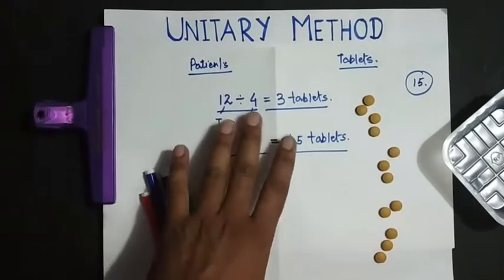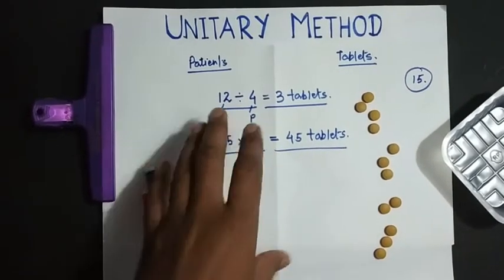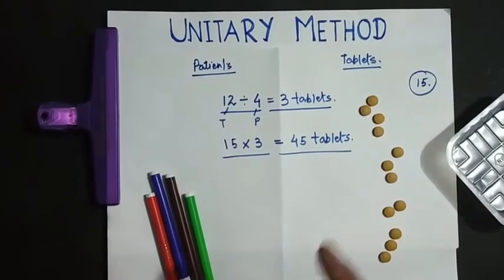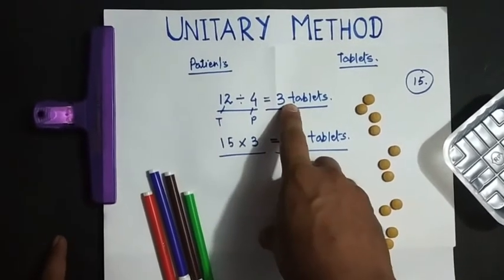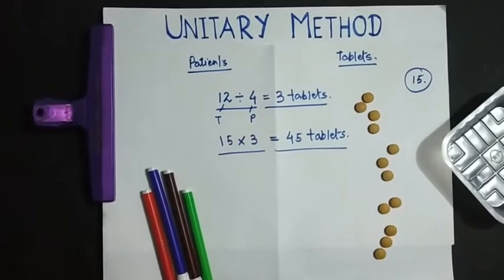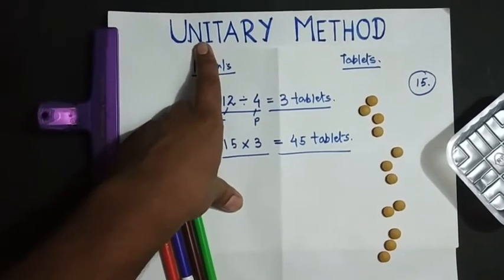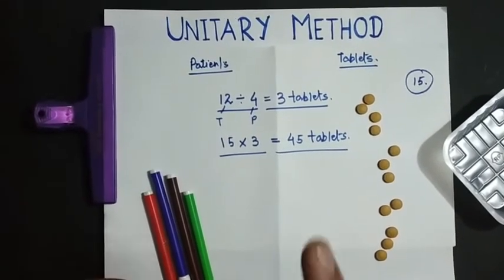In this method, first we calculate for the unit value. First we calculated for one patient, 3 tablets, and after that we calculated for 15 patients. That's why it is called the unitary method. Why do we call it unitary? Because first we calculate for unit values.